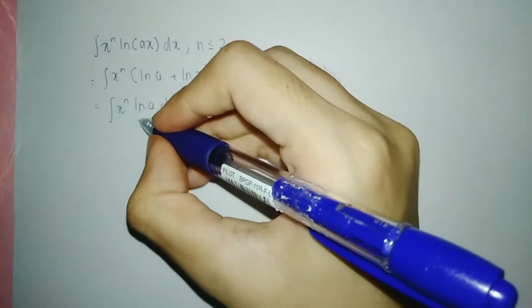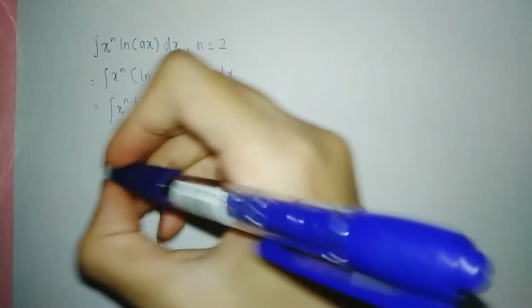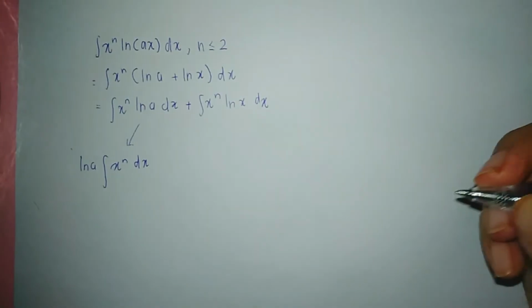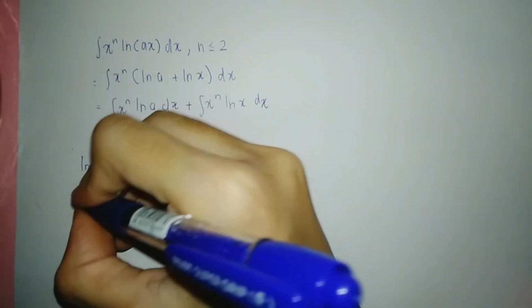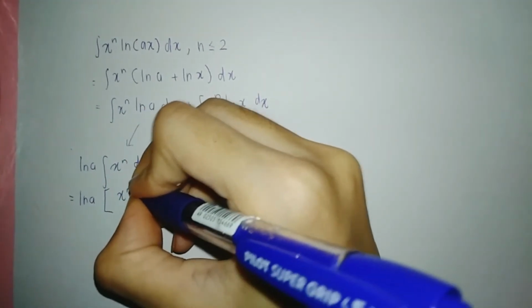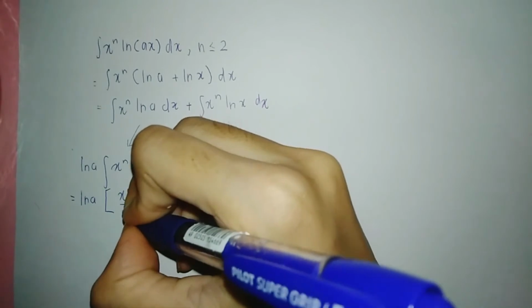For the integral of x to the power of n ln a dx, ln a is a constant, so we can put it to the left and integrate x to the power of n dx. Next, ln a times x to the power of n plus 1 over n plus 1.